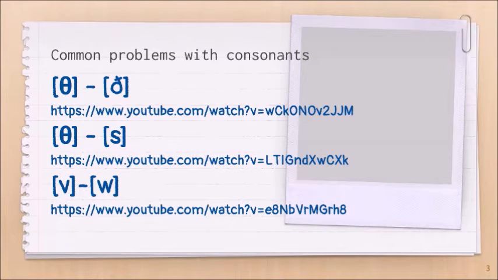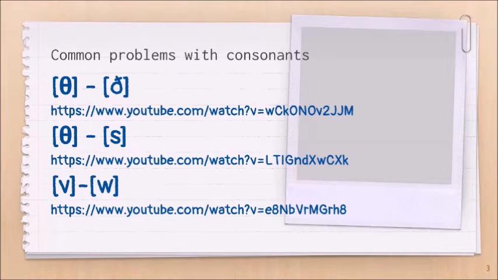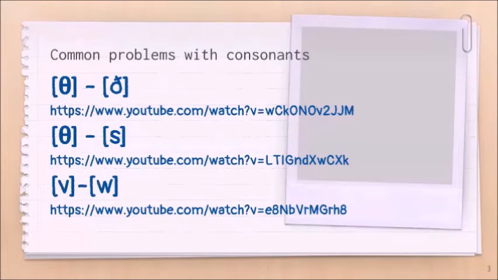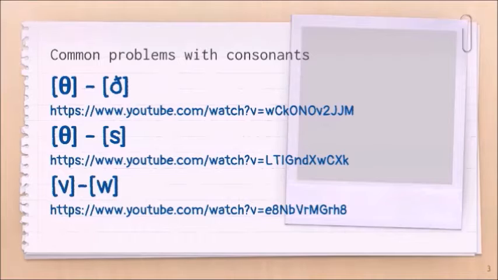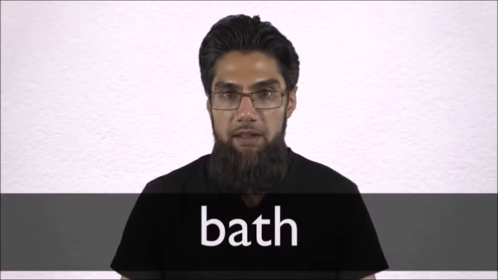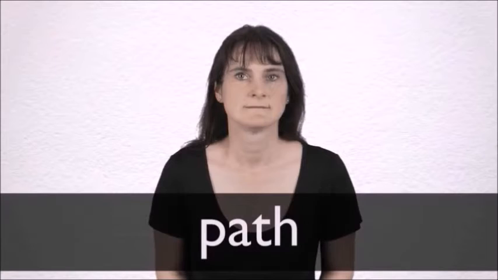V, like veal, and W, wheel. If you are a Chinese native speaker, you might have problems with recognizing R, right, and L, light. If you are an Arabic native speaker, you might not recognize B, like bath, and P, like path.